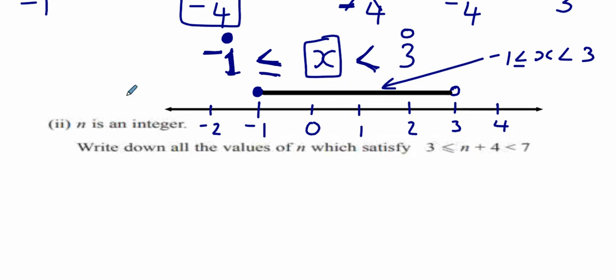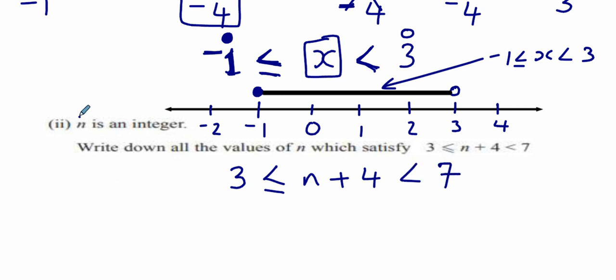Now n is an integer. Write down all the values of n which satisfy 3 less than n plus 4 less than 7. Okay, so here we have 3 is less than n plus 4, is less than 7.